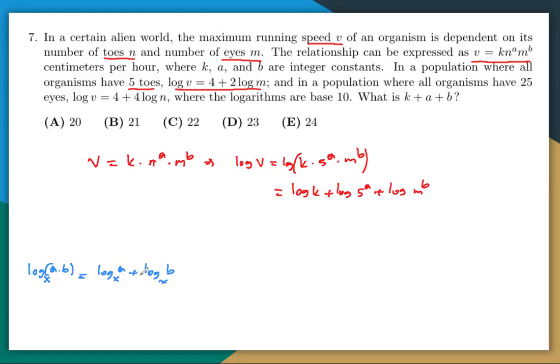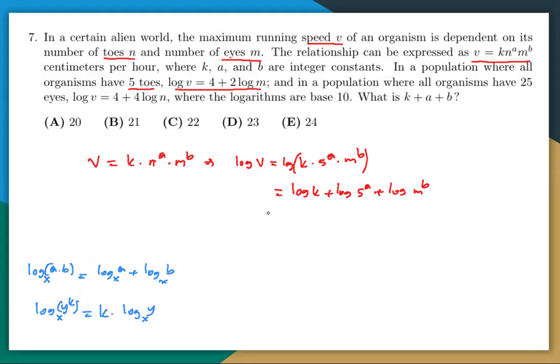And another property is if you have something y to the power k, where k is the power of the argument, you can take this power k as a product in front of the log base x of y. So that's just another property we are going to use now.